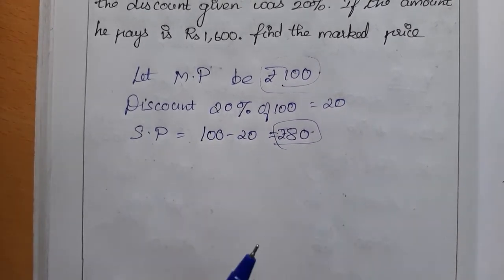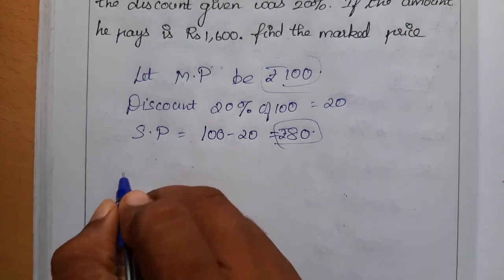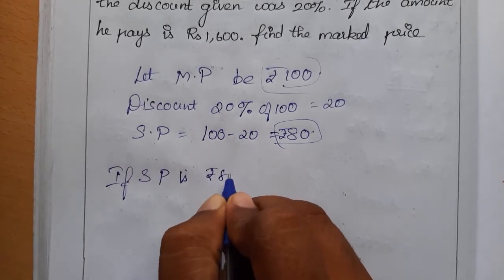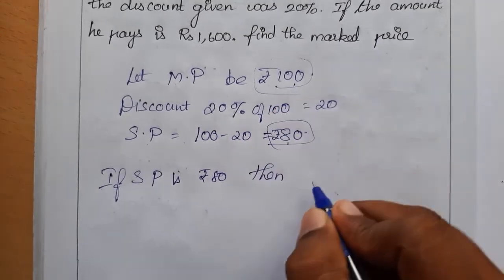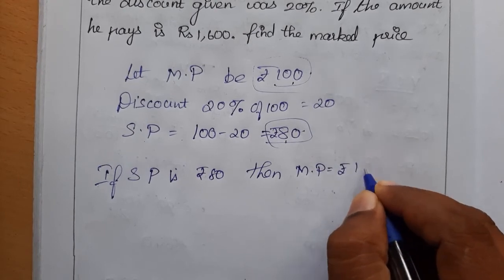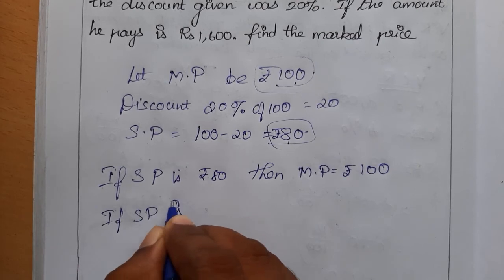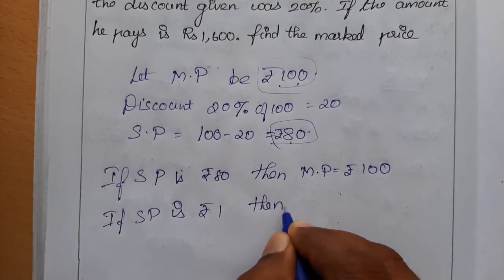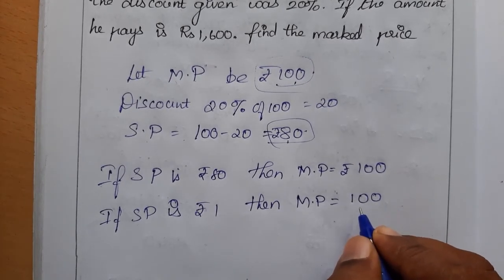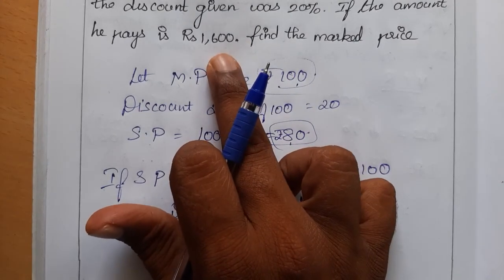If they marked it as 100 but sold for 80 since a 20% discount is given, then what about the selling price of 1? If the selling price is rupees 80, then the marked price is rupees 100, right? Then if the selling price is rupees 1, the marked price will be 100 divided by 80. Clear? So for 1 we have found, but we have to find for 1,600.